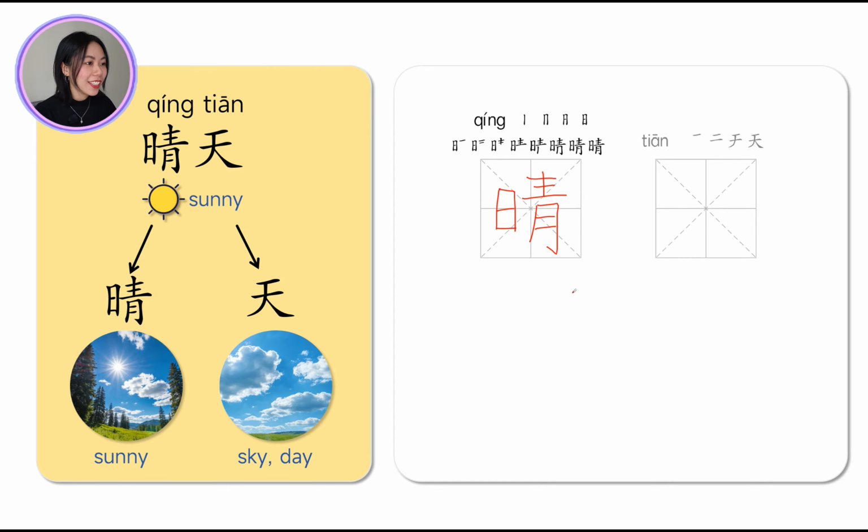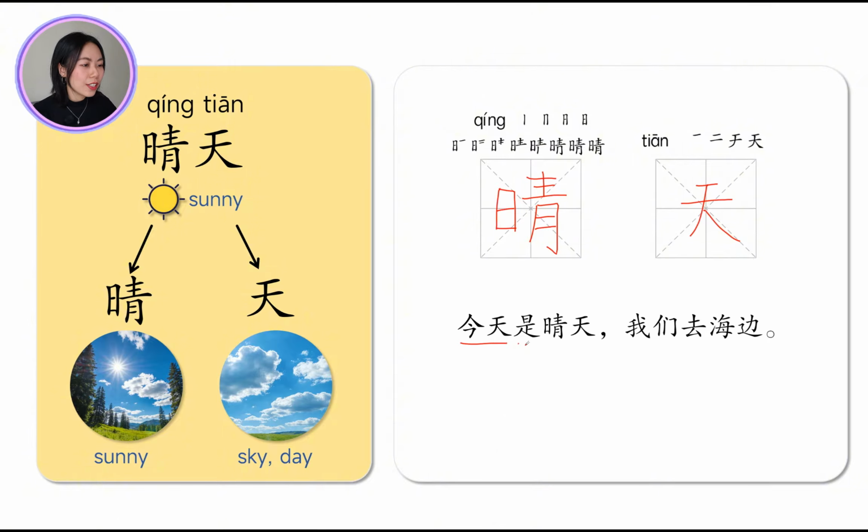Let's write 天、一、二. Remember, the second stroke is longer than the first one. 三、四. Very good. Okay, let's get to the sentence.